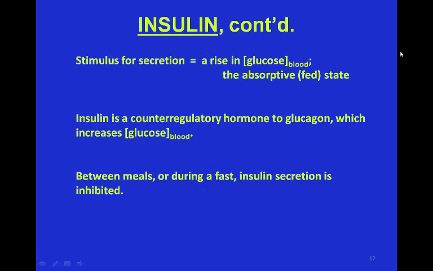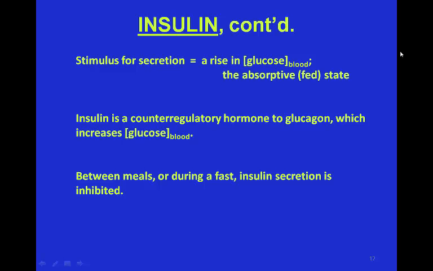The stimulus for secretion of insulin, the main one, is a rise in the concentration of glucose in the blood. I said the main one, although you might have thought it was the only one, but other nutrients can rise in concentration in the blood and also stimulate insulin release. The increase in blood glucose normally occurs after a meal, so insulin secretion is going to be highest right after a meal.